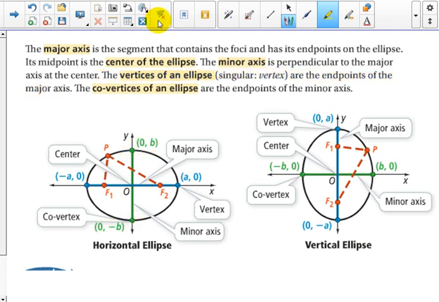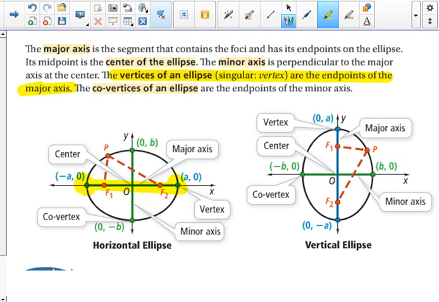Excuse me, let me back that up. It's the major axis. I was on the minor axis. Here's our major. So let's say that again. The vertices of an ellipse are the endpoints of the major axis. So here it is, negative a and 0 and a and 0. There they are. Sorry about that.